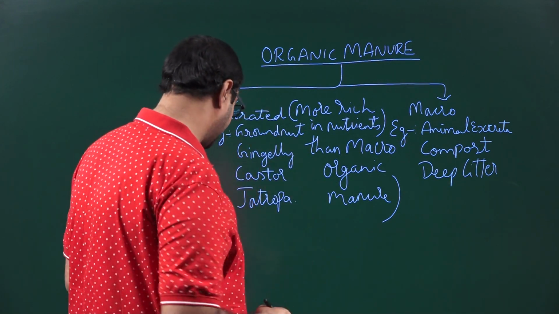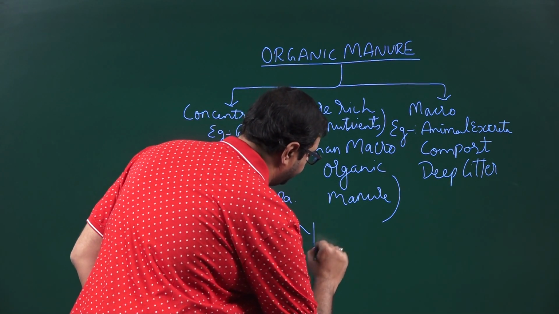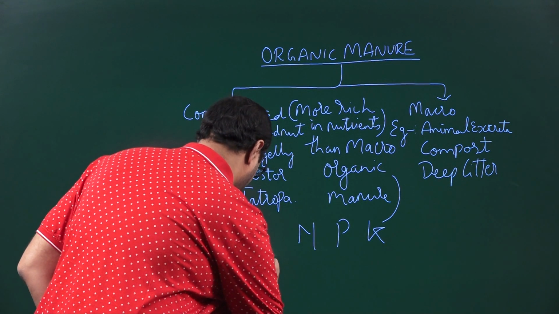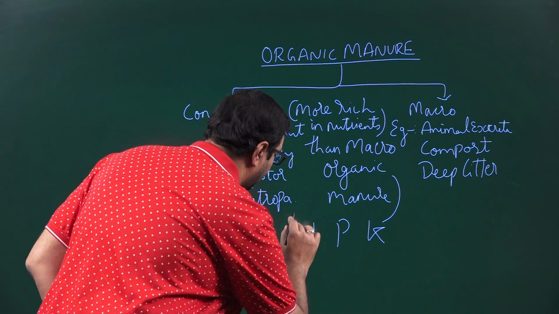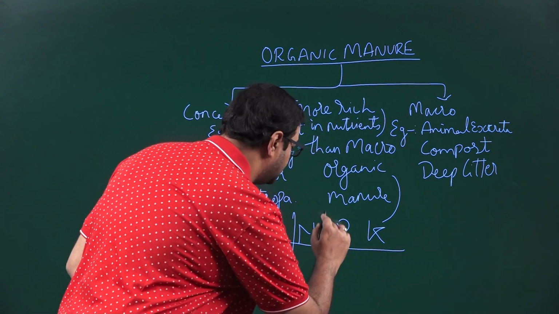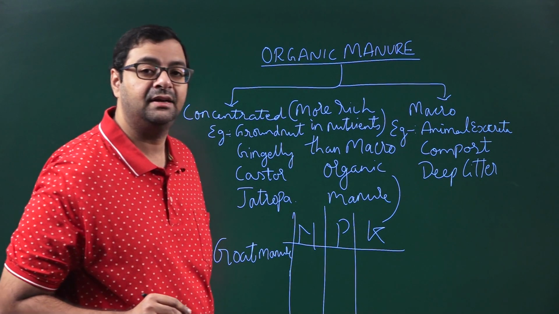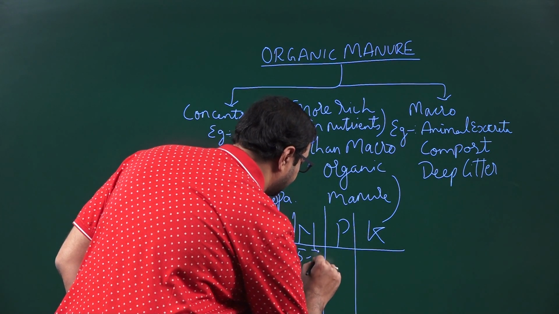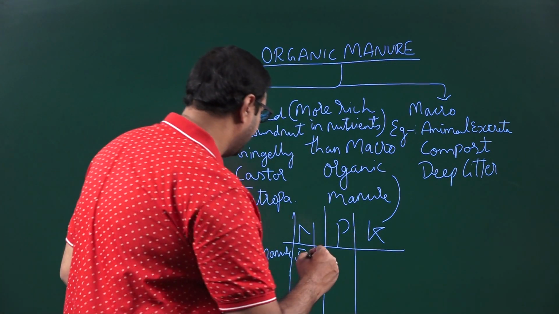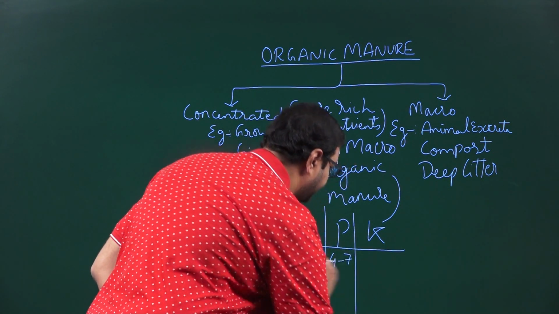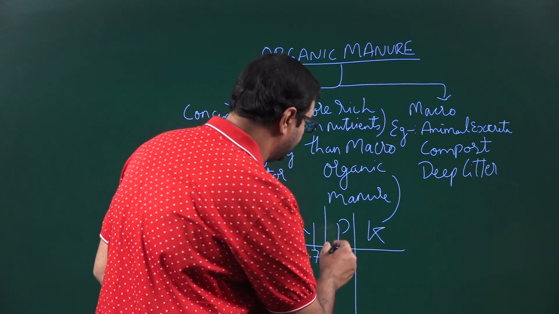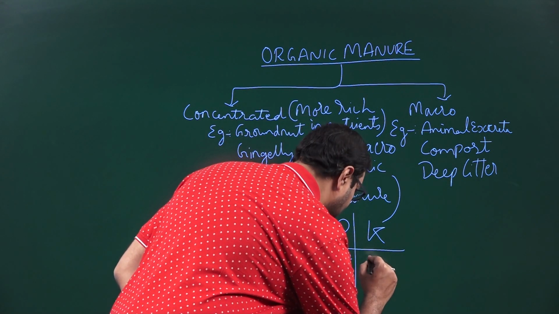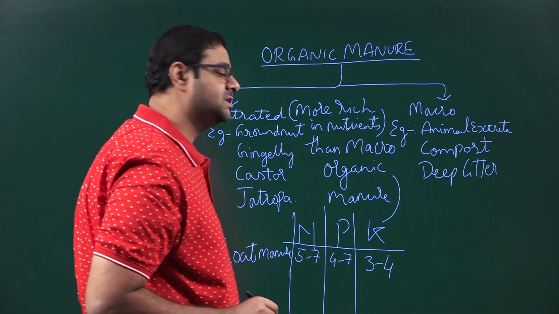Now if we look at the source of NPK, say for example goat dung or goat manure, the amount of nitrogen present is 5 to 7 kg per ton. Then phosphorus is 4 to 7 kg per ton, and potassium is 3 to 4 kg per ton in goat manure.